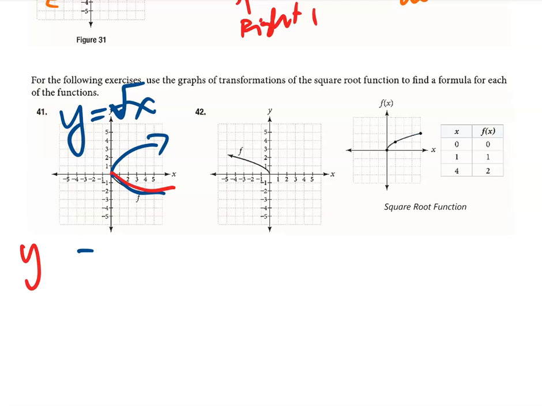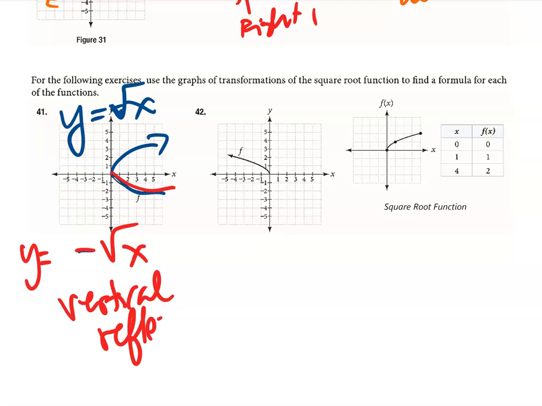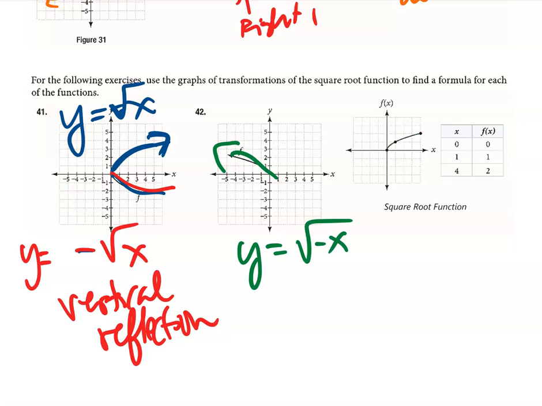This red one is negative square root of x. And remember, this is a vertical reflection. How about this? From the given y equals square root of x, this is inside, so square root of negative x. And remember, if it's inside, we call this a horizontal reflection.